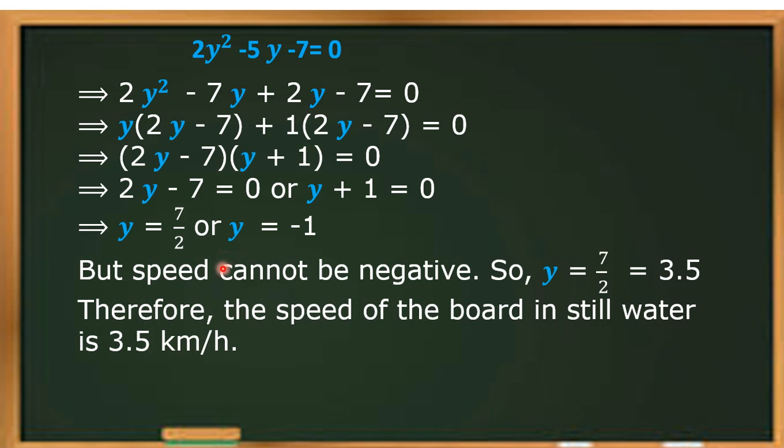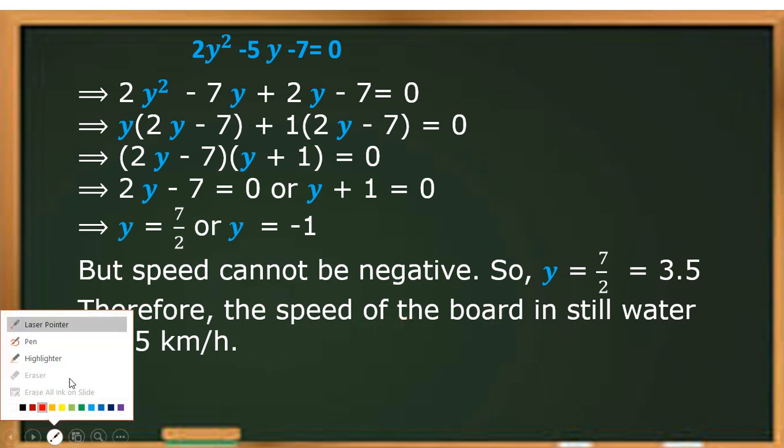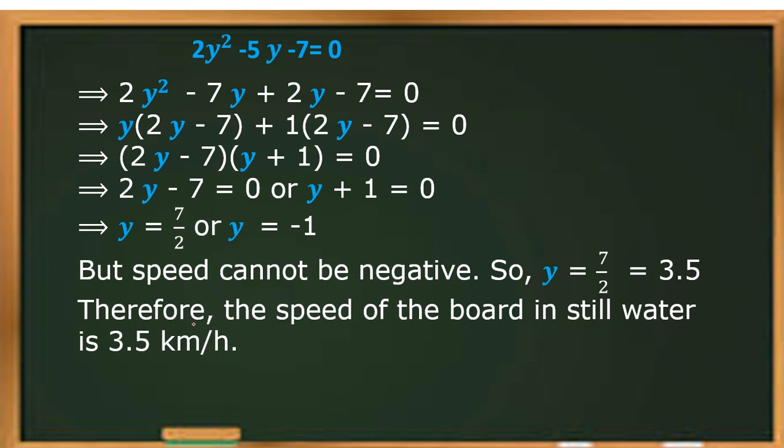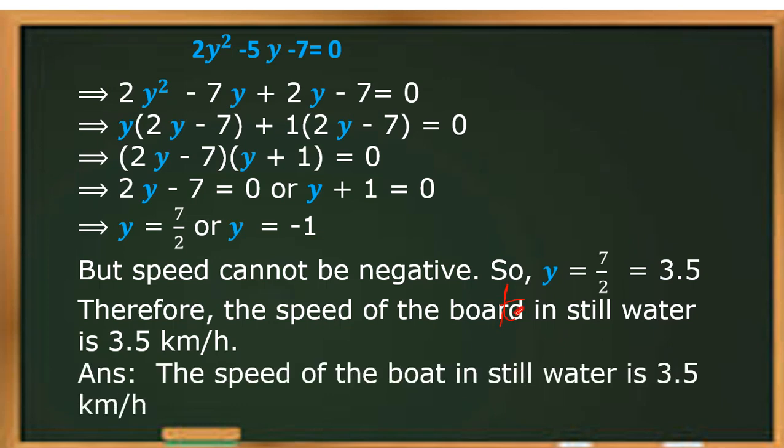Speed, as we know, cannot be negative. That means we have to ignore y = −1. The negative value we have to ignore and we take the positive value. y is 7/2, and 7/2 is equal to 3.5. So we can say the speed of the boat in still water is 3.5 kilometers per hour.